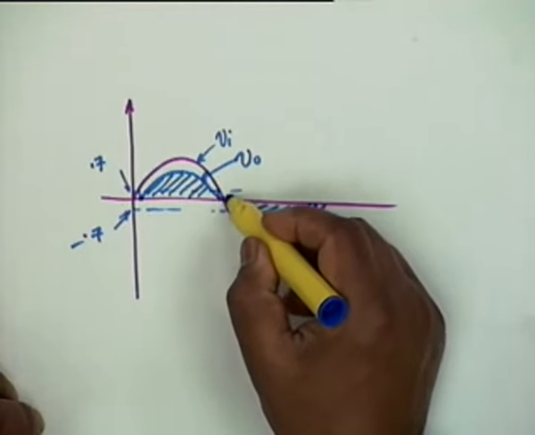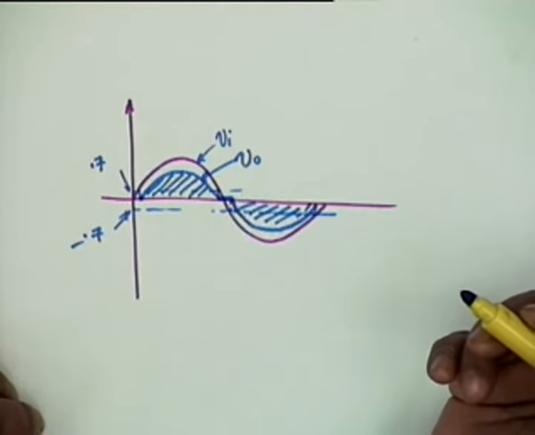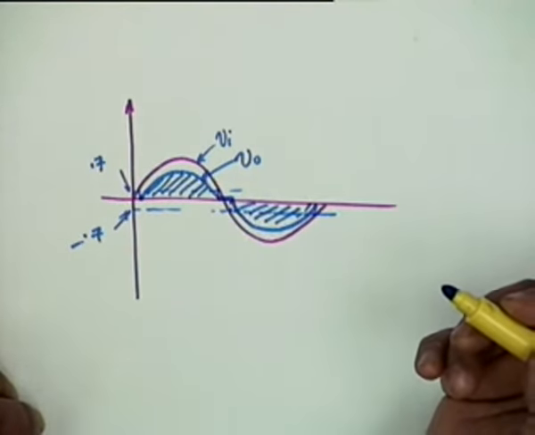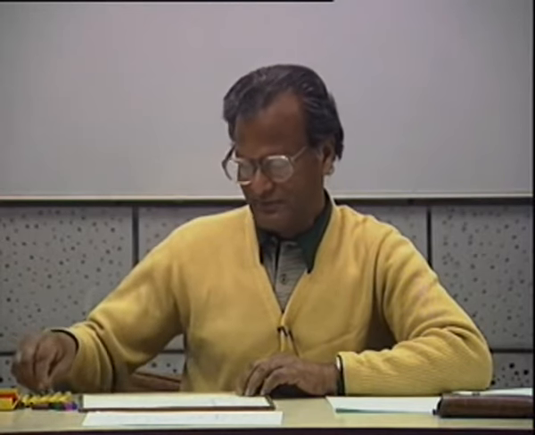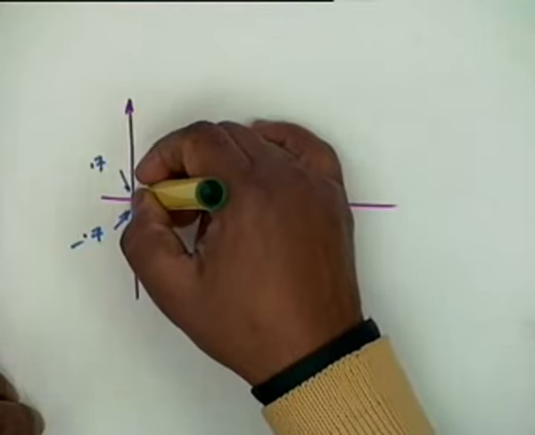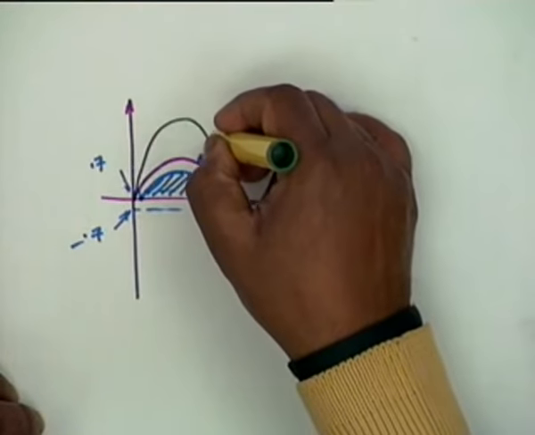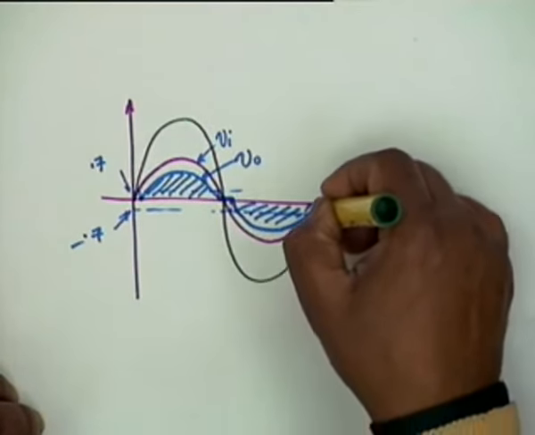And this is the region where there is no conduction, and therefore you get a distortion, and this, as I had told you, is the crossover distortion. Suppose now the input voltage is increased. Input voltage is like this. The amplitude is increased.